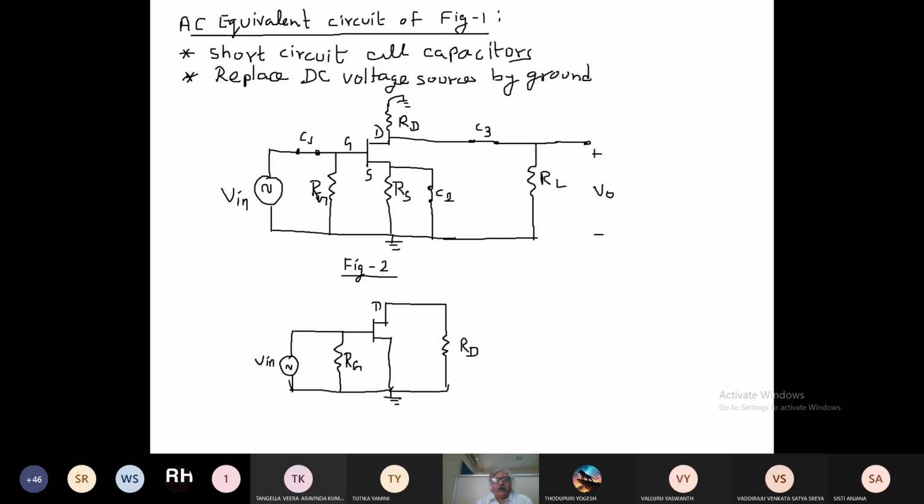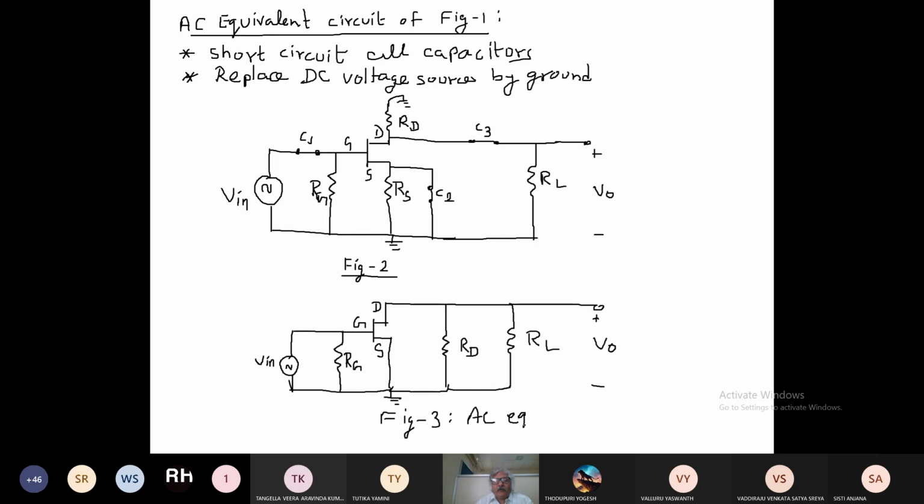So here it is drain, gate, source, and across this we are having RL, right? And across this RL we are taking the output. This is our figure 3, and this is our AC equivalent circuit.